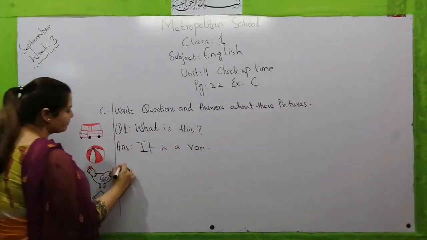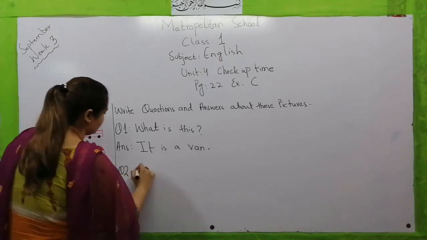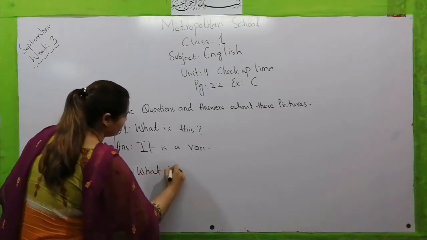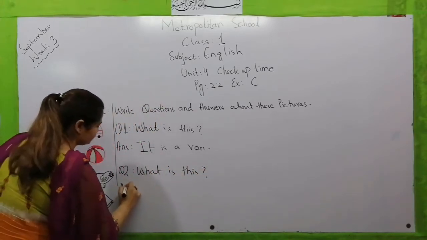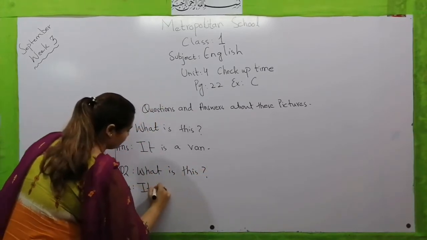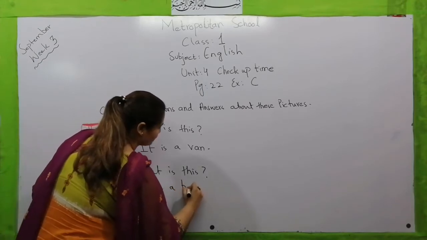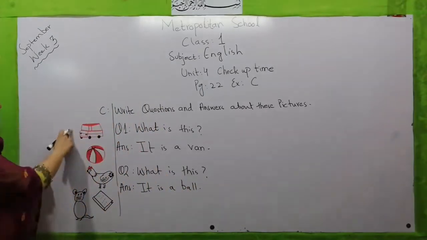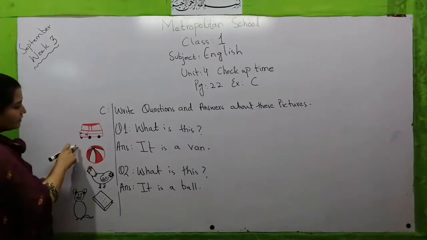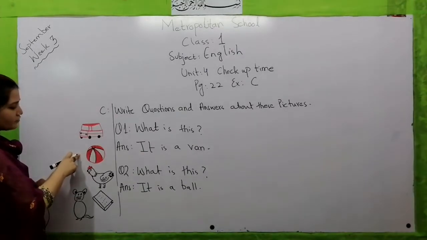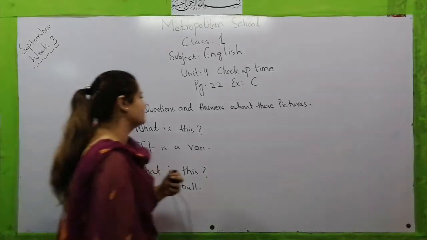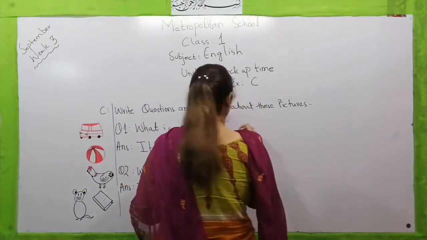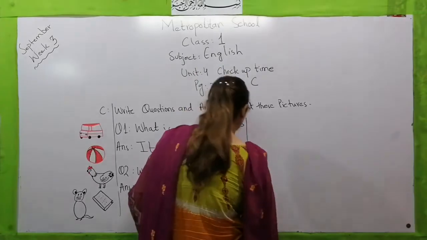For this picture, what is this? It is a ball. As you can see that the pictures are here, so I have written the answer for this picture. It is a ball. Now let's move towards the next picture and the next question, which is question number 3.